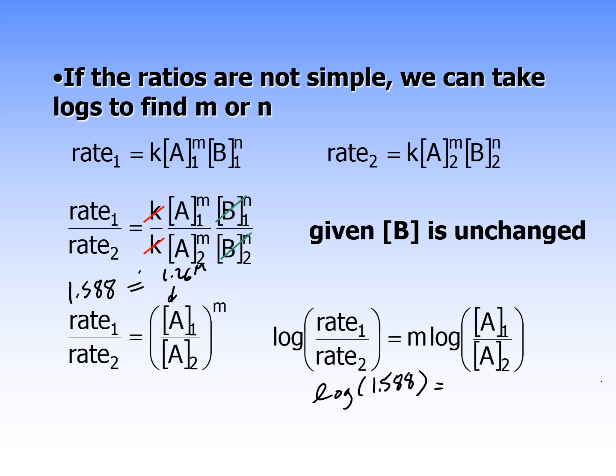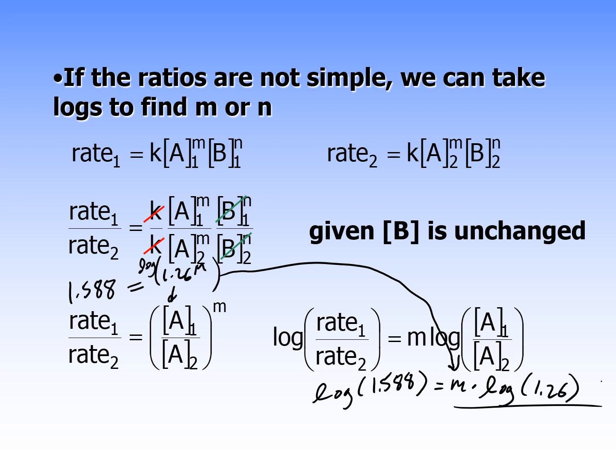Log of this, and this turns into this, m times the log of 1.26. Now the way I can solve this is just divide over by this, right? Log of 1.26 gives me my m value. Now, if you actually do this division out, you're going to get m is equal to almost exactly 2, which gives us our answer in a not easily distinguishable type of situation.